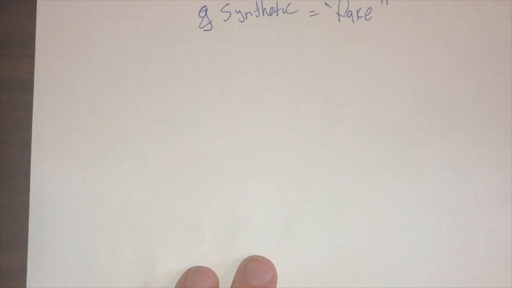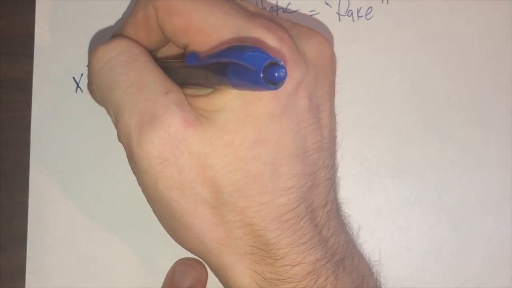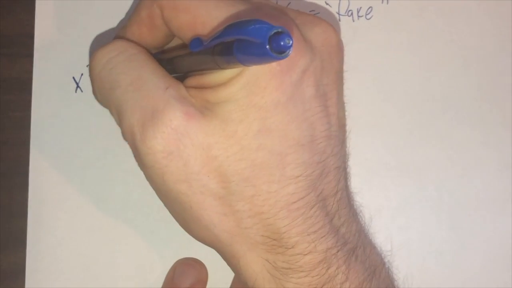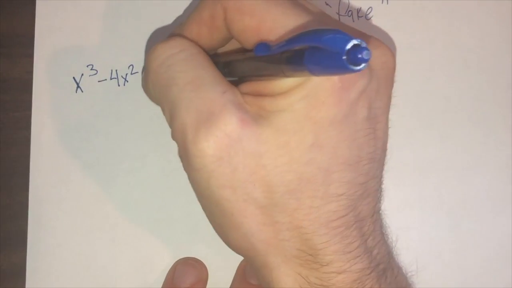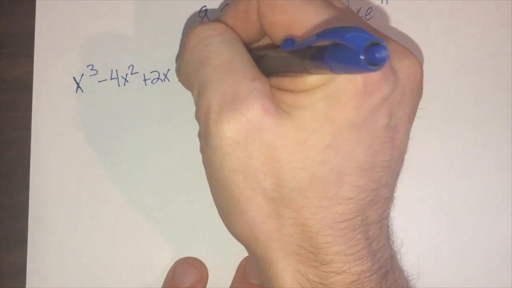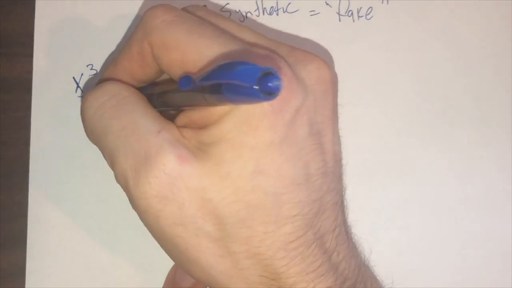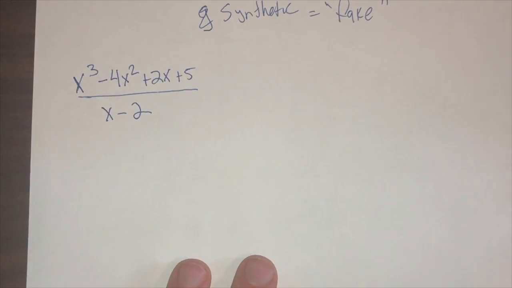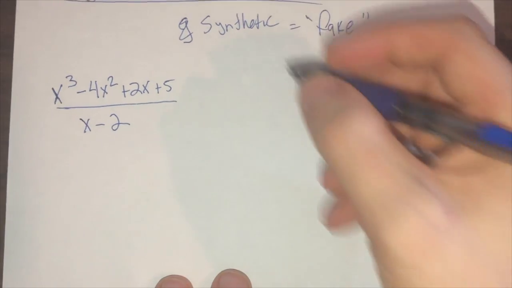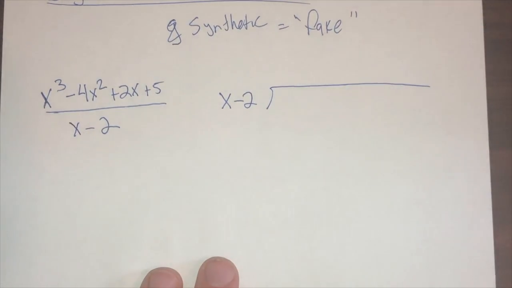Last time I showed you this problem: x cubed minus 4x squared plus 2x plus 5 divided by x minus 2. I'll walk through how we do the traditional long division so we can take a look at where synthetic would come into play.